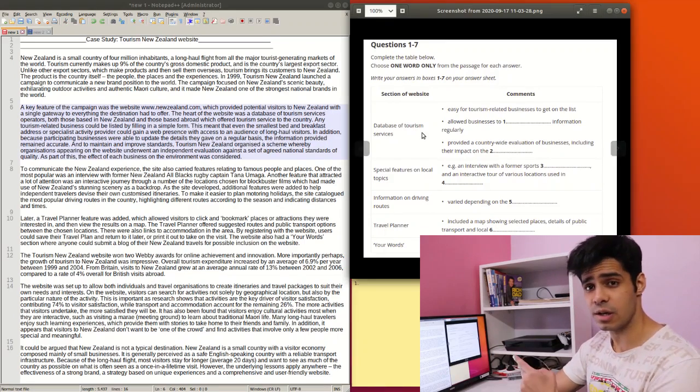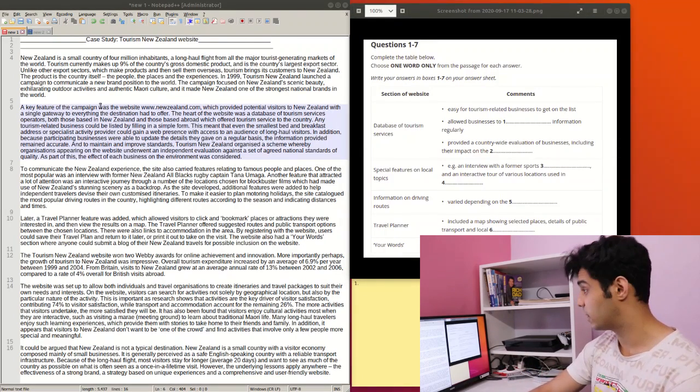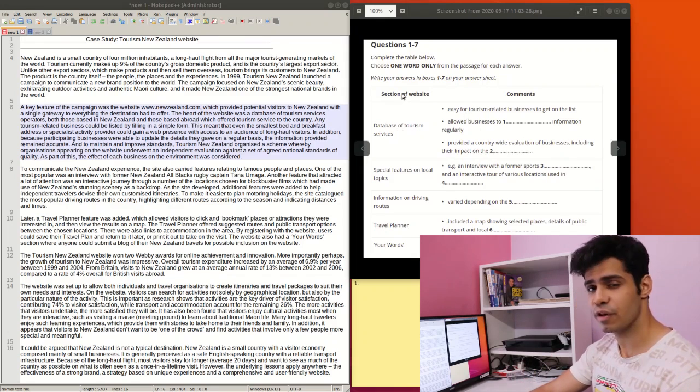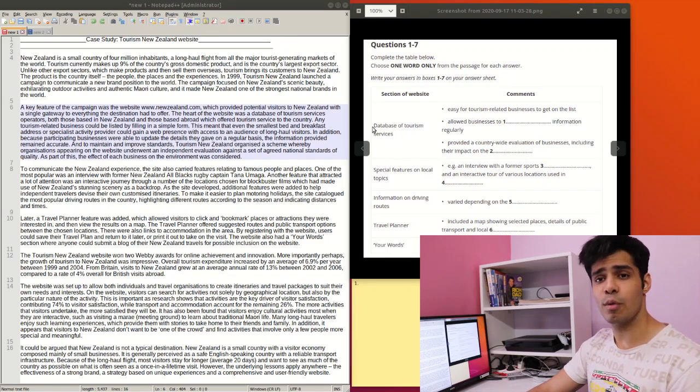Now we'll go over here and we'll start solving the questions. Remember, it's extremely important that you pay attention at this point. Okay, database of tourism services, yes, this is the first part that we've read. Easy for tourism related businesses to get on the list, very well, we actually know this. Allowed businesses to blank information regularly. So what can businesses do with information regularly?